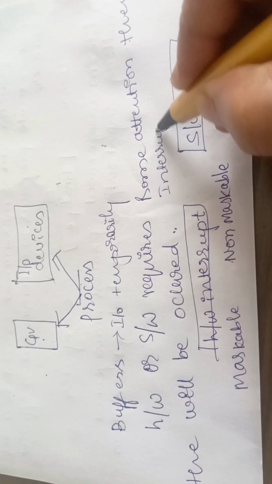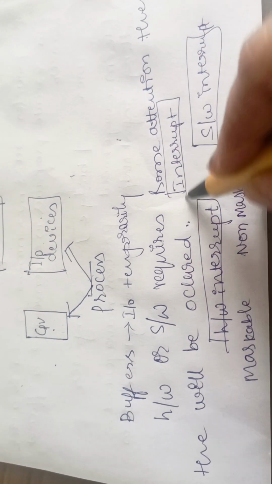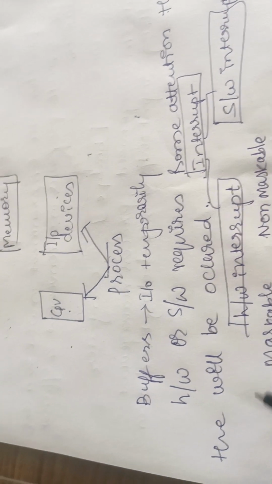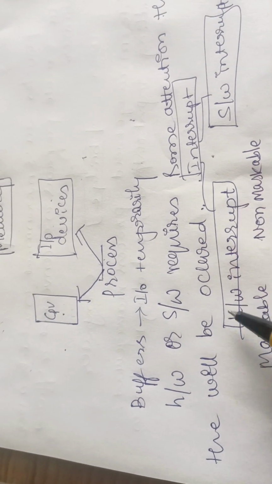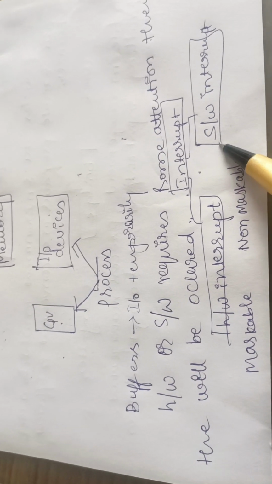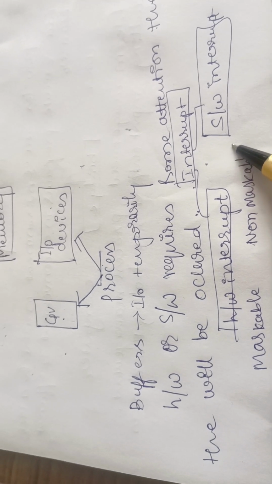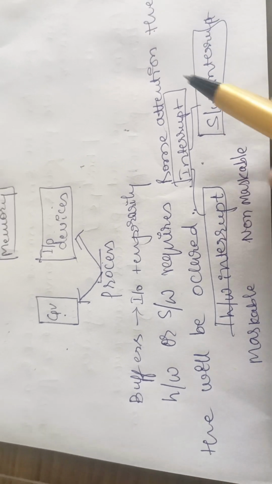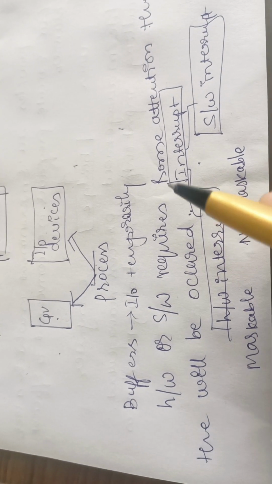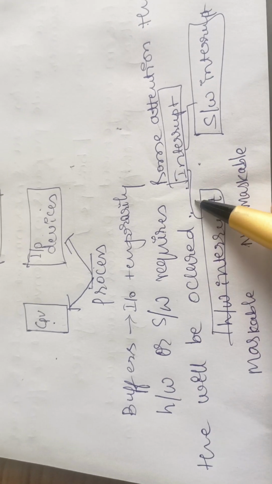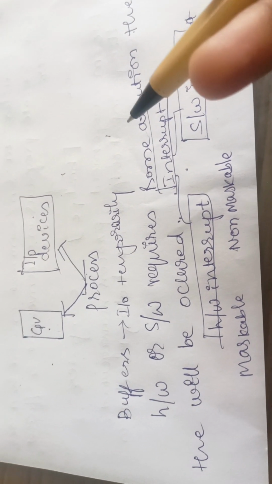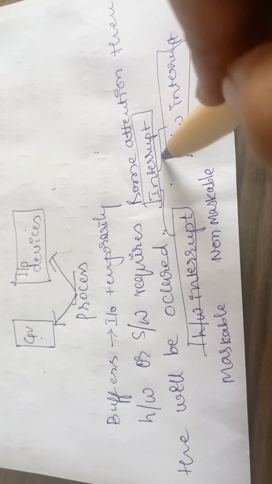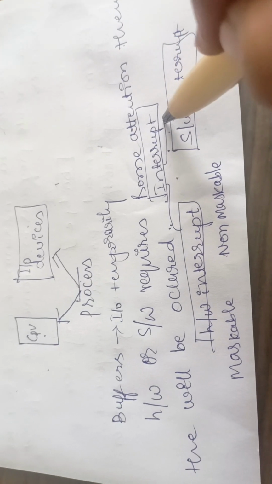Interrupt means it's just like an obstacle. It will be triggered either by the hardware or by the software. When the hardware or a software requires some attention, then the interrupt will occur. If the process is finished, then it has to tell the system, so the interrupt will occur to say the process is finished.